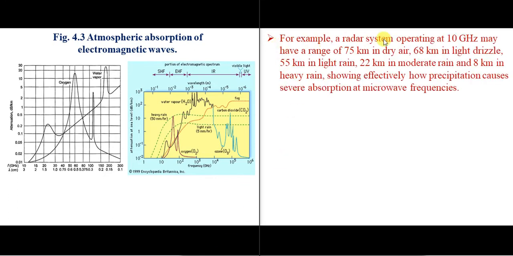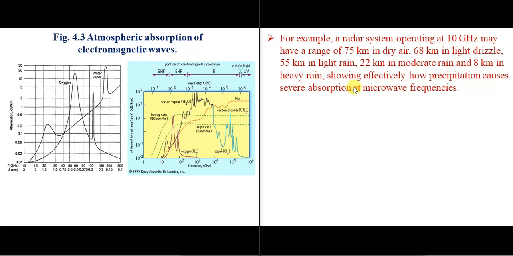For example, a radar system operating at 10 gigahertz may have a range of 75 kilometers in dry air. But if there is light rainfall, that is called drizzling, then the range drops to 68 kilometers. If it is light rainfall, the range drops to 55 kilometers. Moderate rainfall, the range drops to 22 kilometers. And in case of heavy rainfall, the range drops to only 8 kilometers.